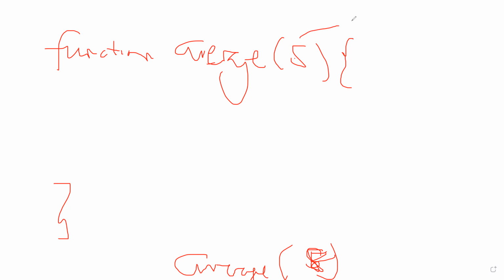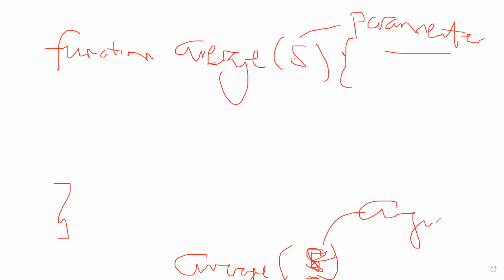Now, we call this a parameter. But when the average function is now being called, the value passed into the parentheses, we call it arguments.